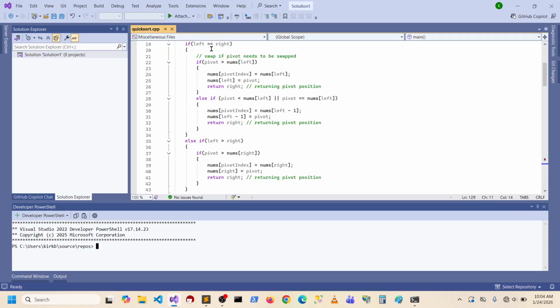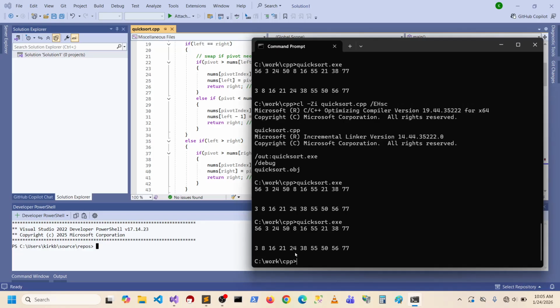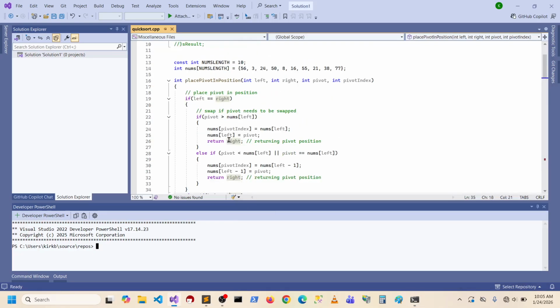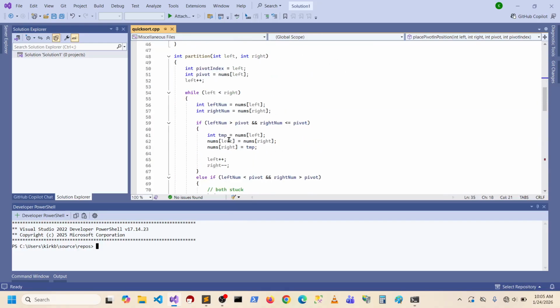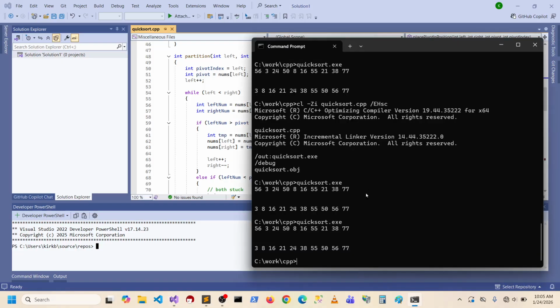They were both on 55. Left and right were here, pivot's here, so we're trying to place this. It's already in position, so it's not in that code. It's in the partitioning, I believe. Well, wait a minute, because the pivot position is going to determine what partition does later.